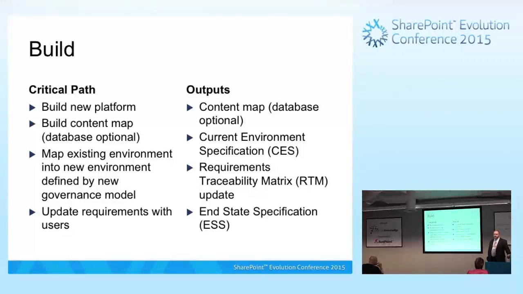However, if you're talking about an organization like, say, FEMA or the United States Marine Corps, a couple of them that I have some familiarity with, those organizations, we create a content map database for, and we use that to automate some of this process. You don't have to automate a transformative migration. You can do it by hand. But it's really a question of scale to determine whether or not you want to automate it or not.